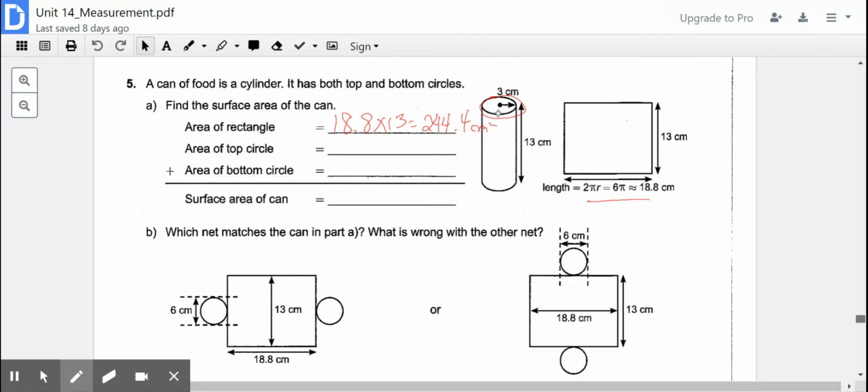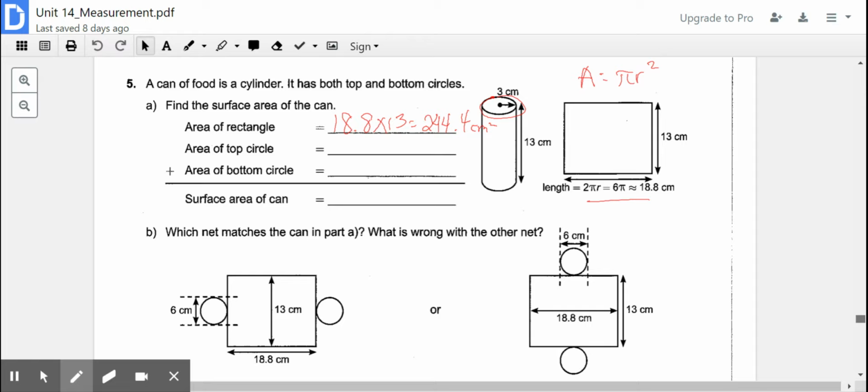244.4 centimeters squared. To find the area of the top circle, we're going to use the formula for the area of a circle. The area of a circle is equal to pi times radius squared, pi r squared. Okay, so to find the area of the top, we have to use 3 times 3, which is the radius squared, times 3.14.